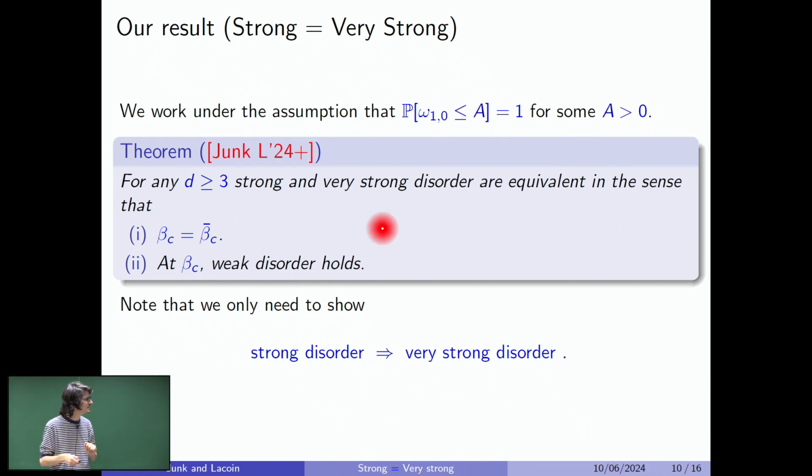So this tells you both of these things because at the critical point, you know that if you have strong disorder, you have very strong disorder, and you know that at the critical point, you cannot have very strong disorder. I've written this as an equivalence, but in fact, one of the implications is trivial. So what you really need to show is that whenever you have strong disorder, you have very strong disorder.